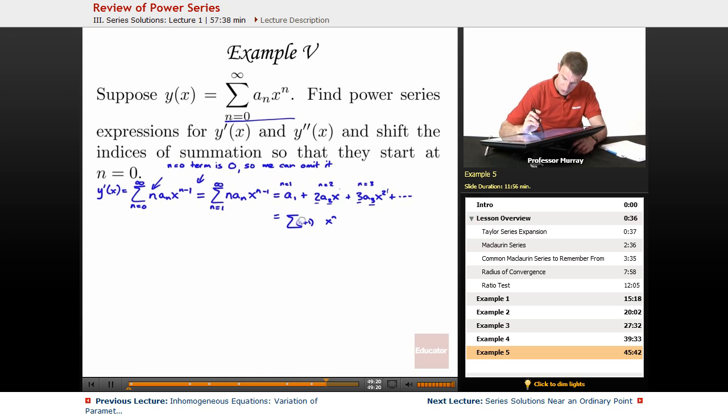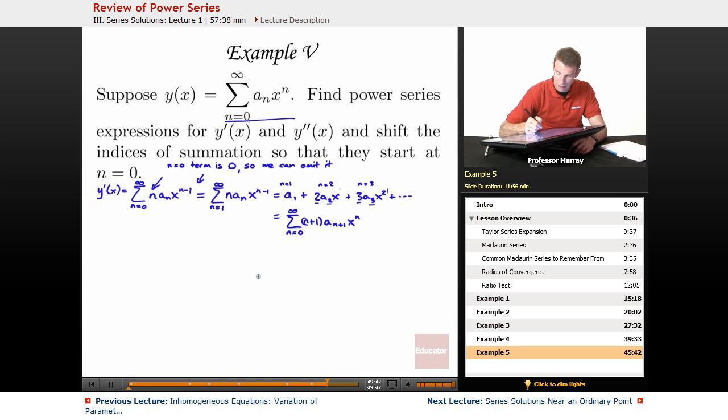Let me rewrite that. n plus 1, a sub n plus 1, x to the n. And if I do that, that'll make sense if I start at n equals 0.